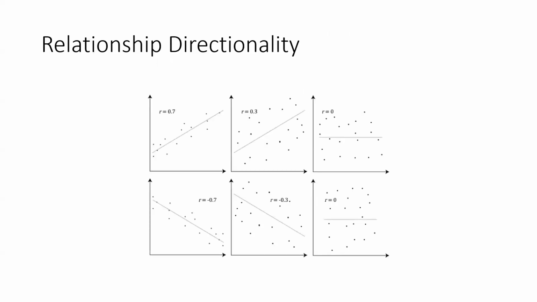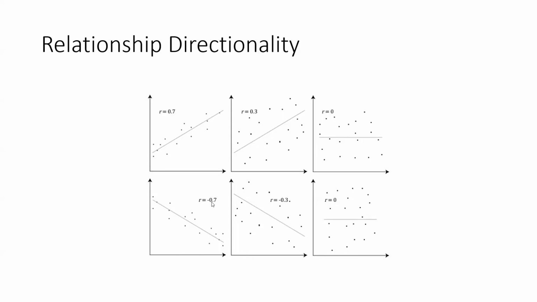So here are some diagrams of relationship directionality. For R equals 0.7 and R equals 0.3, these relationships have a positive correlation. An increase in X should also correspond with an increase in Y. Here we have a negative correlation in these two diagrams.